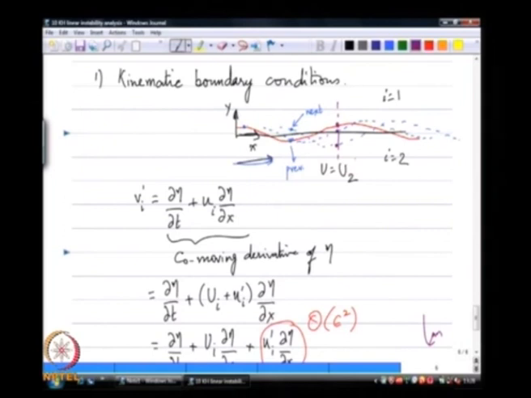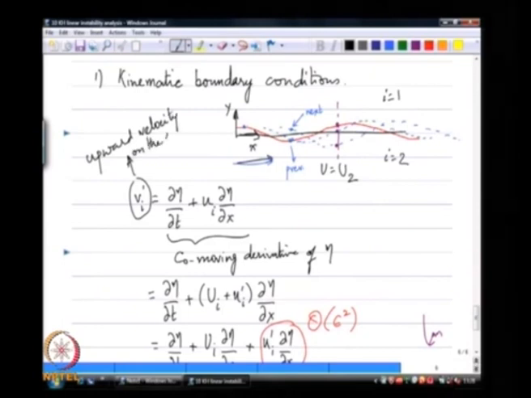Now, ideally I am evaluating the V I velocity on the meniscus. So, this velocity in this equation is the upward velocity on the free surface.